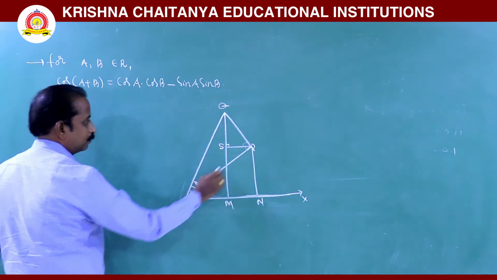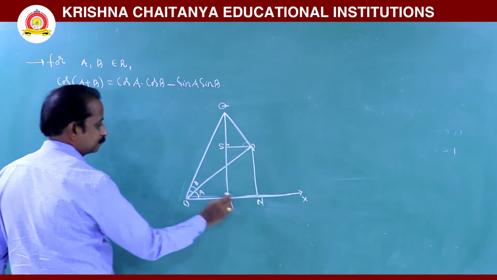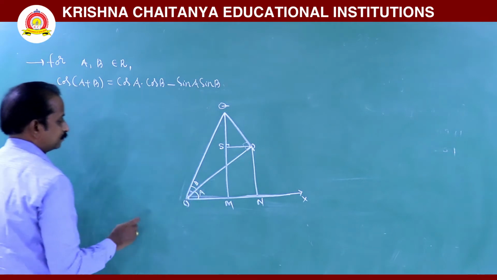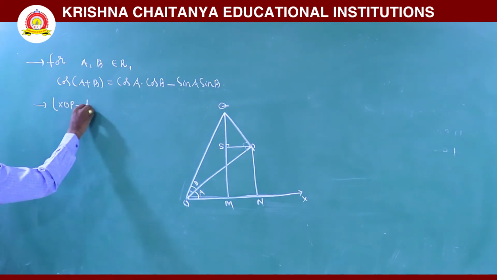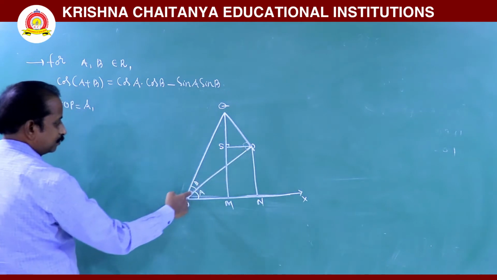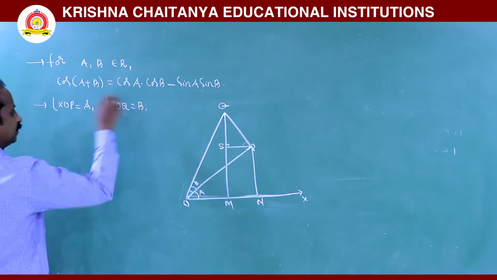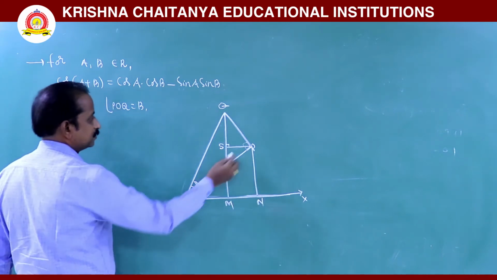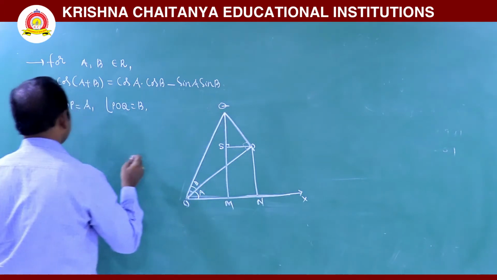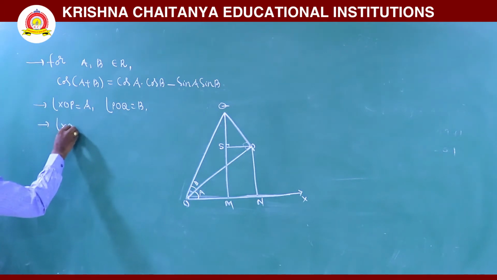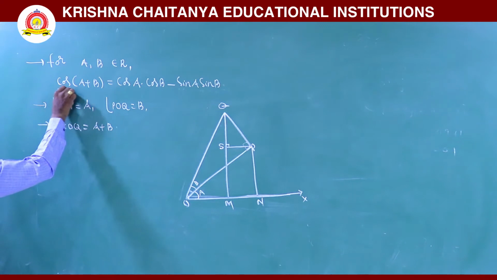Angle XOP is equal to A, or MOP also A, NOP also A. So, angle XOP is measuring angle capital A, angle POQ is equal to B. XOP is equal to A, POQ is equal to B, then angle XOQ is equal to A plus B. We need cos of A plus B.